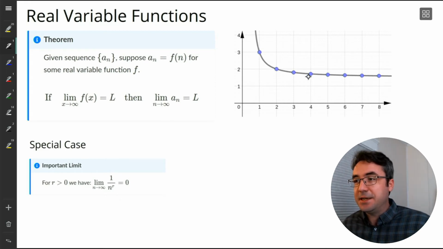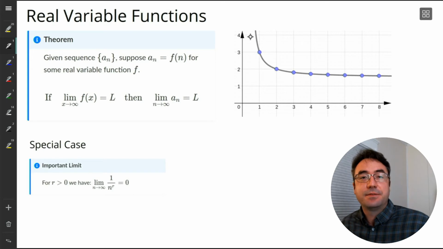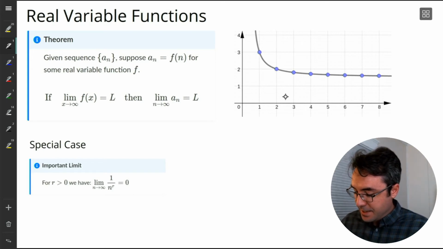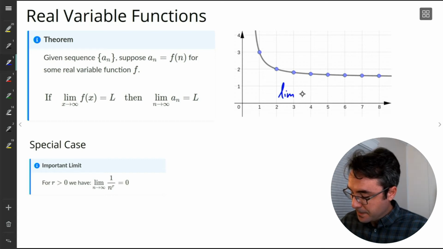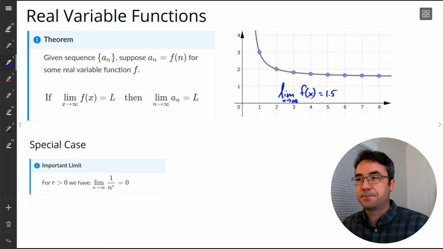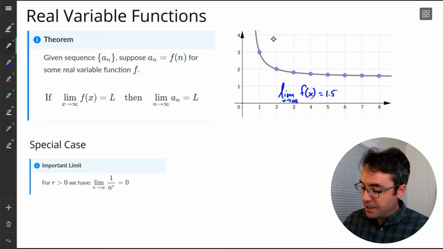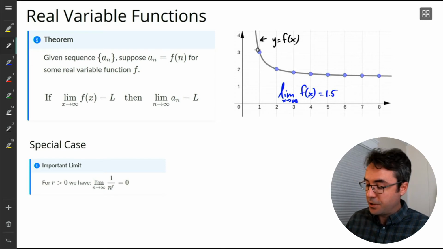And you can kind of see why by looking at this graph. So in this graph, here we have the limit of f of x as x goes to infinity is equal to 1.5. And you can see the graph of the function is that curve.